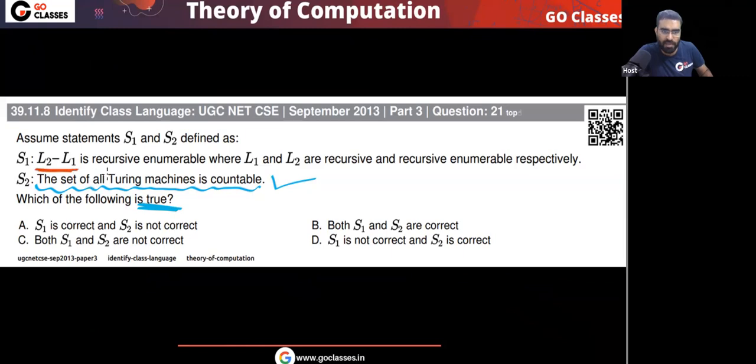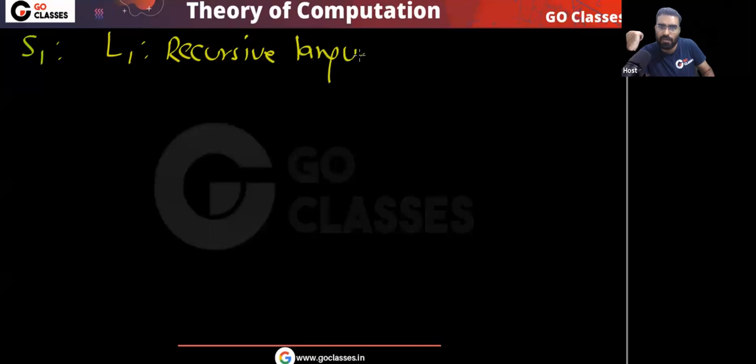S1 says L2 minus L1 is recursively enumerable, where L1 is recursive and L2 is recursively enumerable. Is this statement true? See what S1 is saying. L1 is a recursive language, and L2 is a recursively enumerable language.